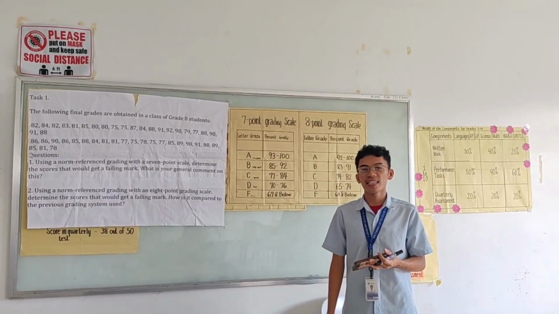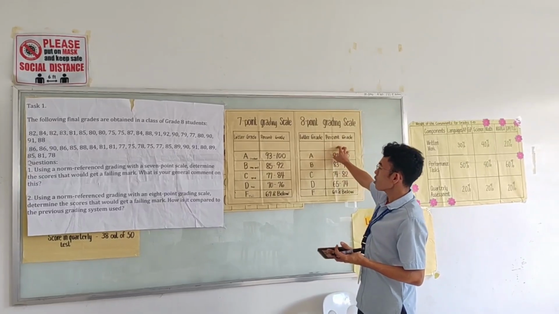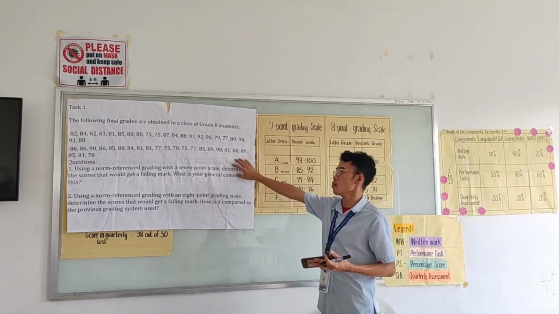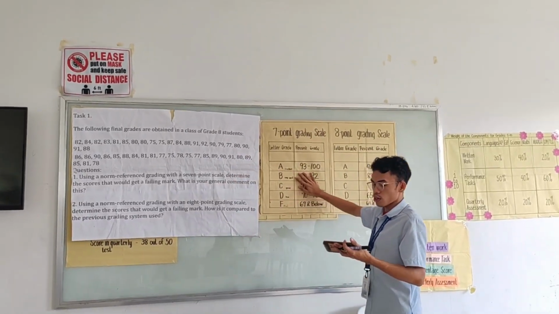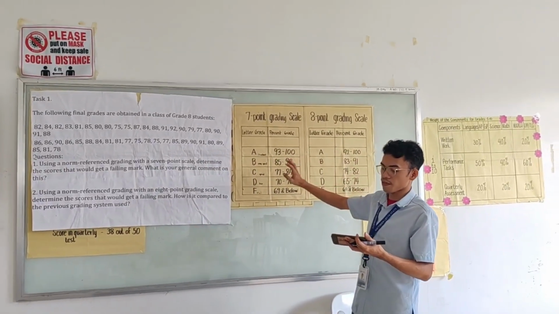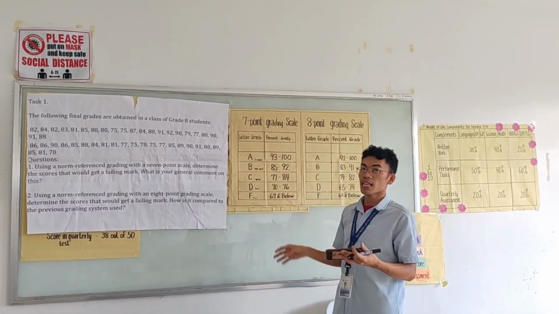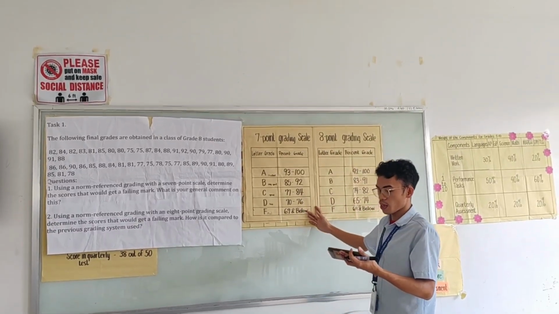We have a table for both the 7-point and the 8-point grading scales, which we will use to determine which failing grades are in set A and set B. To determine the scores that get a failing mark, we first need to understand the range of grades associated with the scale.